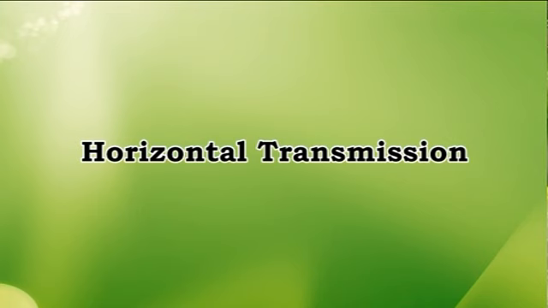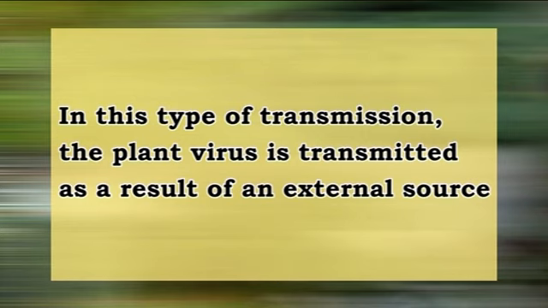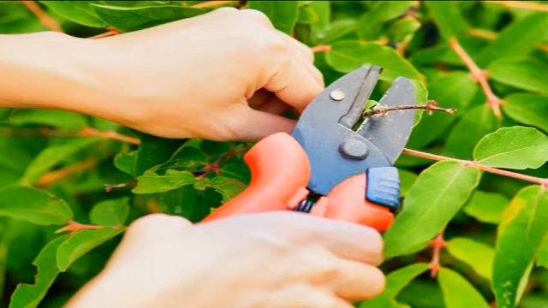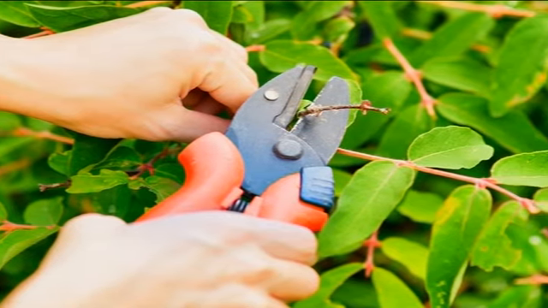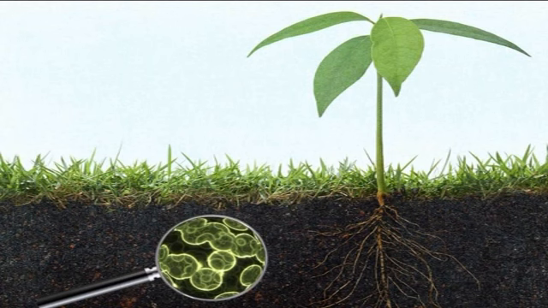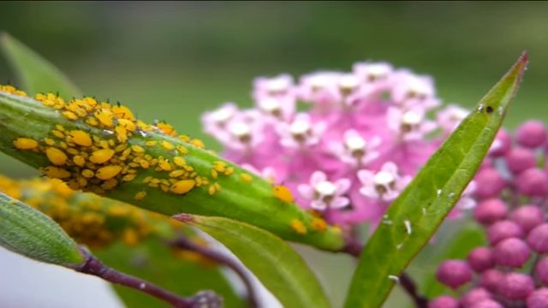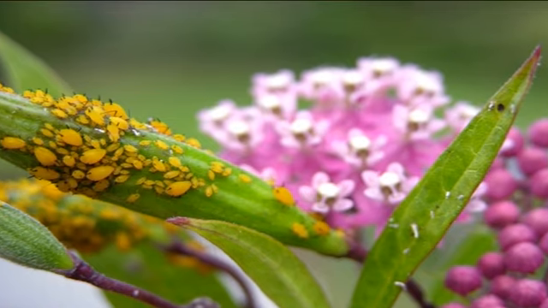Horizontal transmission. In this type of transmission, the plant virus is transmitted as a result of an external source. In order to invade the plant, the virus must penetrate the plant's outer protective layer. Plants that have been damaged by the weather, pruning or vectors such as bacteria, fungi and insects are typically more susceptible to a virus.